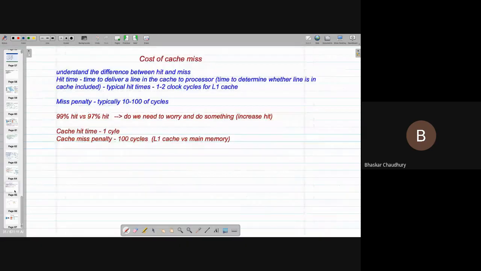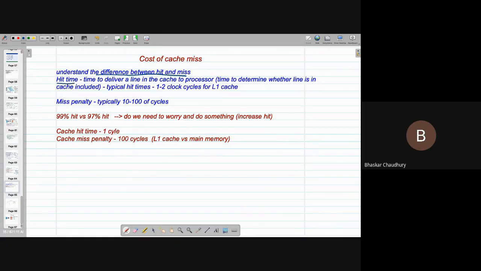Okay, now let us do a simple problem to understand this idea of cache hit and cache miss. What is the difference between these two, and what kind of performance gain are we talking about? So let's first understand the difference between hit and miss.